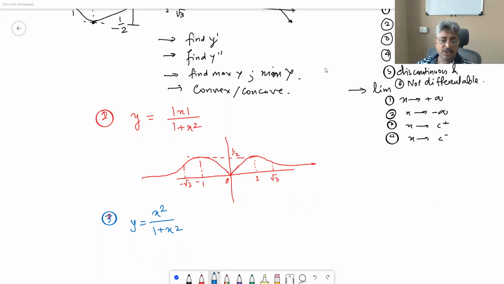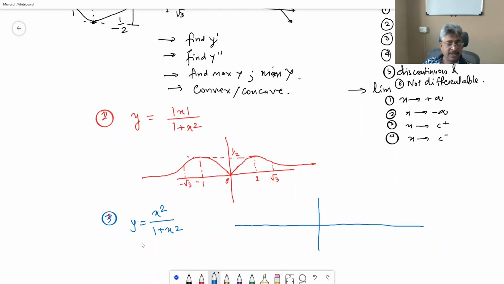Same, all of these tools, when we apply, we come to know that there are 2 points of inflection. The function is even because if we replace x by opposite of x, y value does not change. There are 2 points of inflection, 1 upon root 3 and minus 1 upon root 3, and eventually as x tends to infinity, the value of y becomes 1.